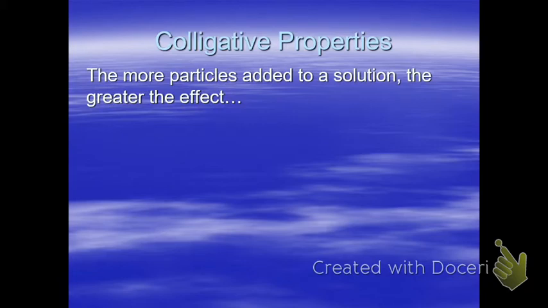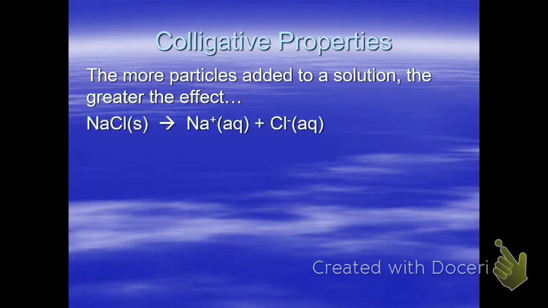Okay, so again, this term colligative properties means that these are properties, things that change based on the number of particles. And the more particles there are, the greater the effect. Okay, so for example here, when I say how many particles are there, if we dissolve table salt in water, that will create, because this reaction in front of you is the reaction that occurs when something dissolves.